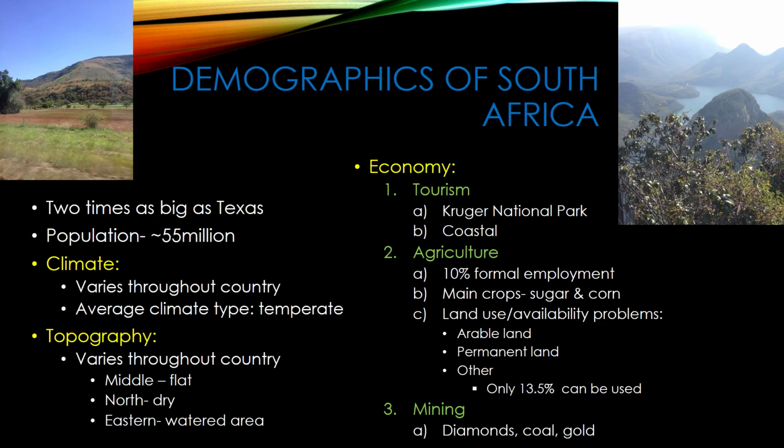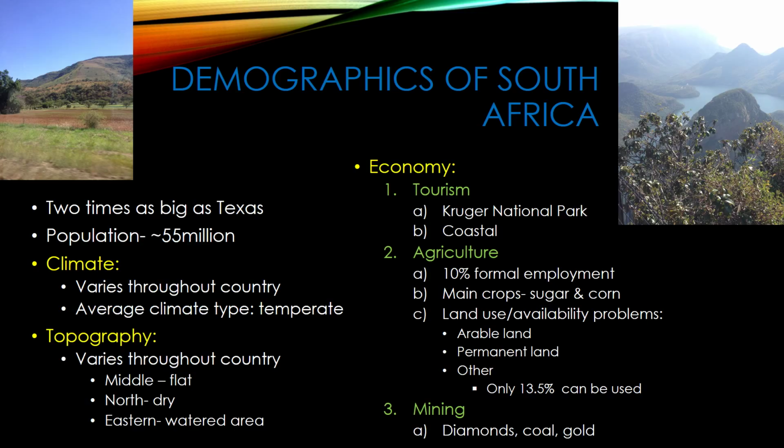The agricultural industry only accounts for 10% of formal employment in South Africa, and it doesn't have that great of a GDP. It's only about 2.6%. Only 13.5% of land in South Africa can actually be used for agricultural purposes due to such an arid climate, and only 3% of those lands are potentially really high quality lands.